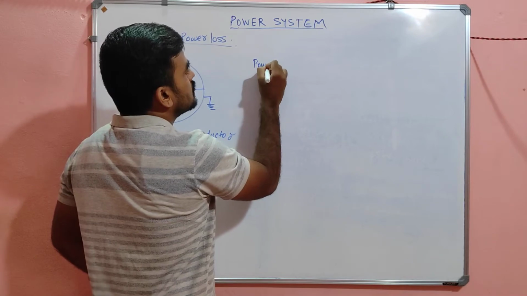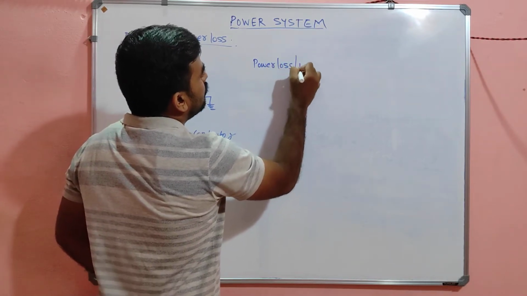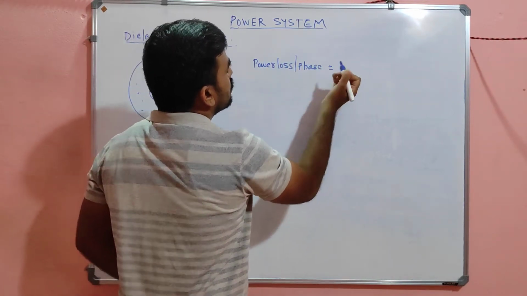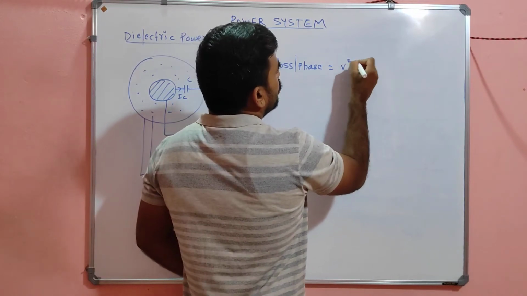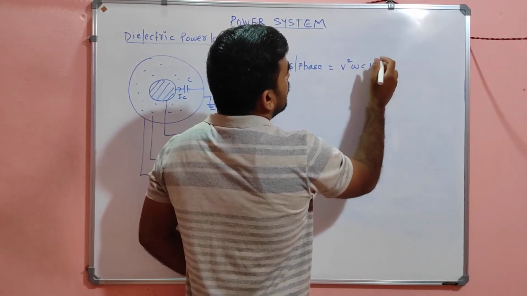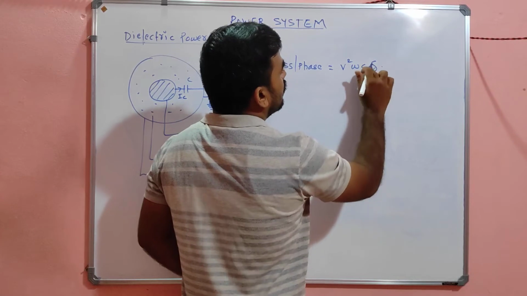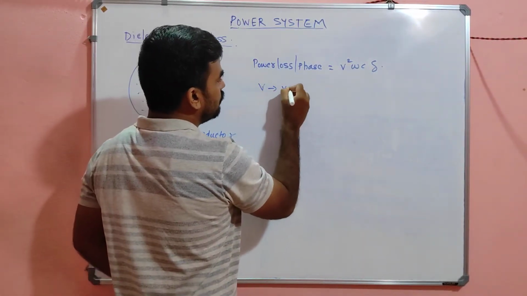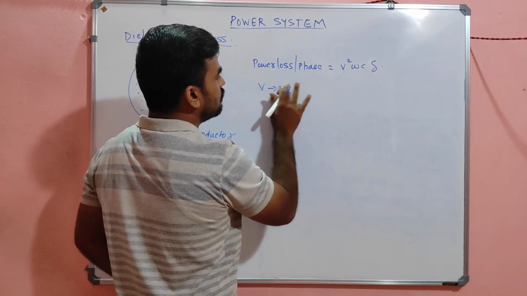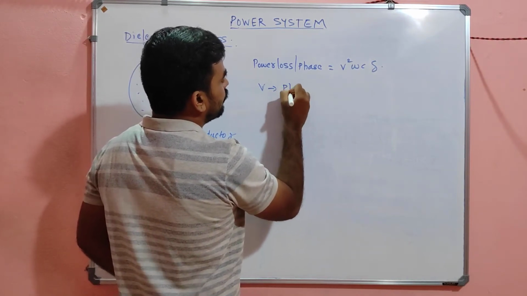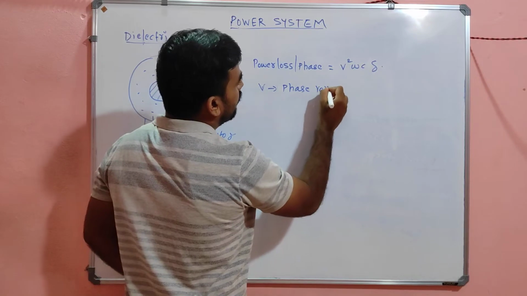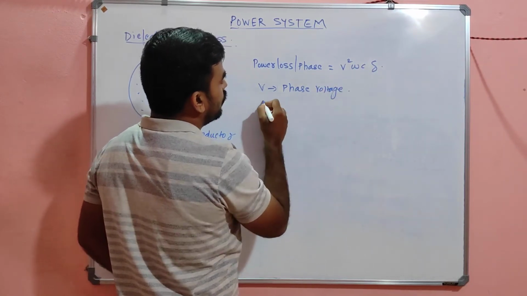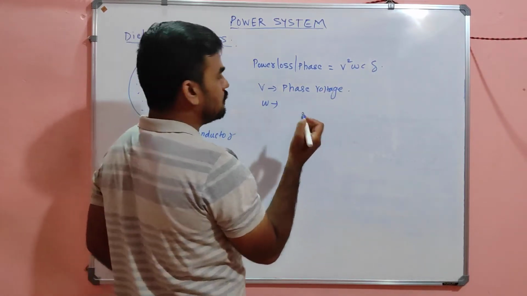So power loss per phase is V square omega C delta. I will explain each term, where V is the phase voltage, and omega is the angular frequency.